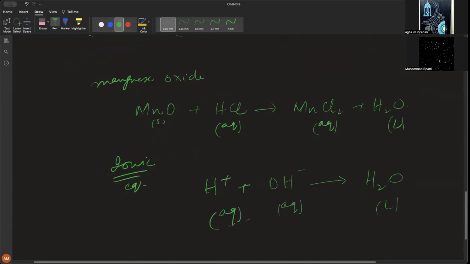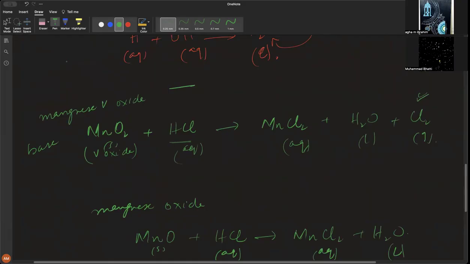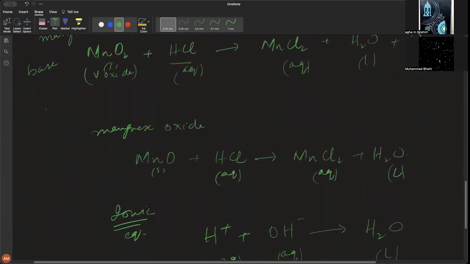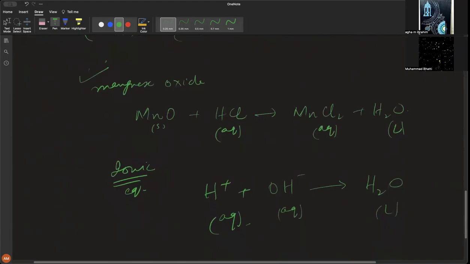So this is an exception. This one, not the other one. This one is an exception to the rule. But this is what we have already expected. All the bases are alkaline in nature. I mean, all bases react with acid to give salt and water. But in reality, not all of them. There are a few exceptions, but most of them, right?